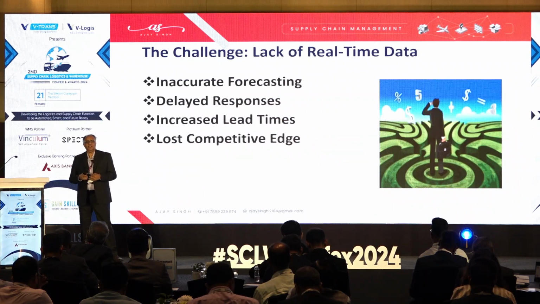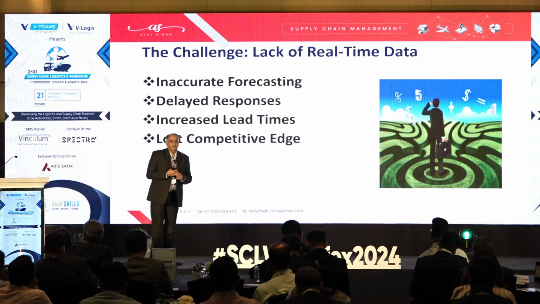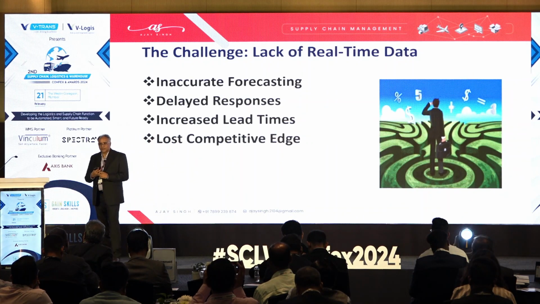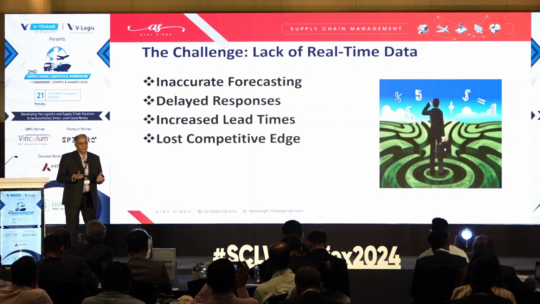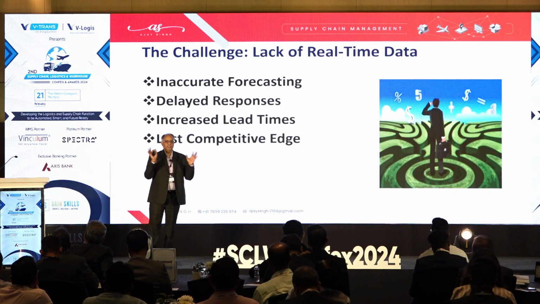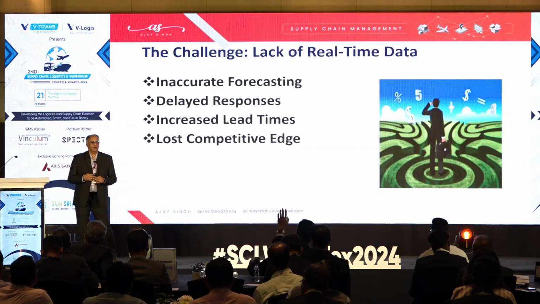I'll start with certain challenges we have with real-time data on the processes. Just a question to the audience: do we know what our demand forecast accuracy level is across the globe, across India? Any figure? Anyone? Any clue? Yes, please.